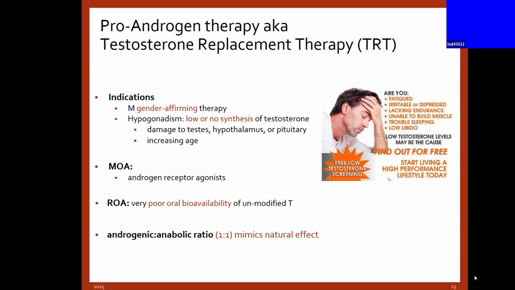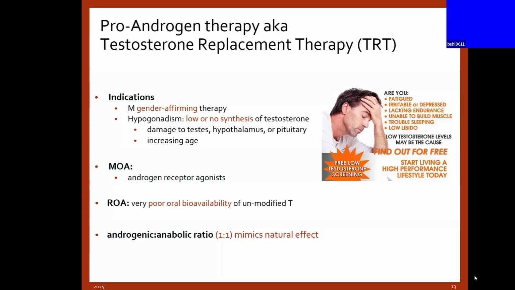So we do have testosterone replacement therapy. The indications are for gender affirming therapy to create a male physiology and for hypogonadism, for men who have low synthesis of testosterone or no synthesis of testosterone. That can be because testes were damaged in an accident, or testes are damaged or just not really super functional from development.